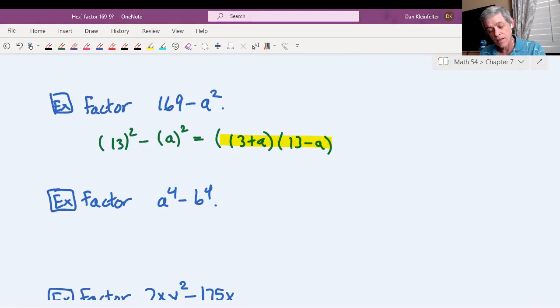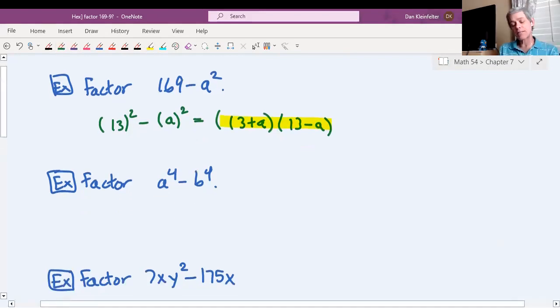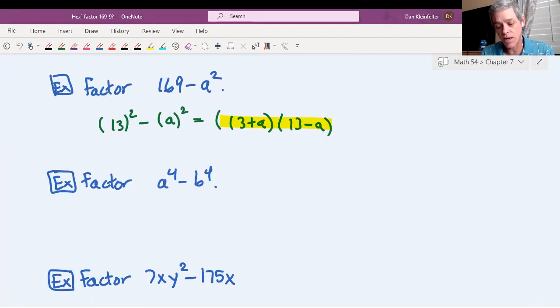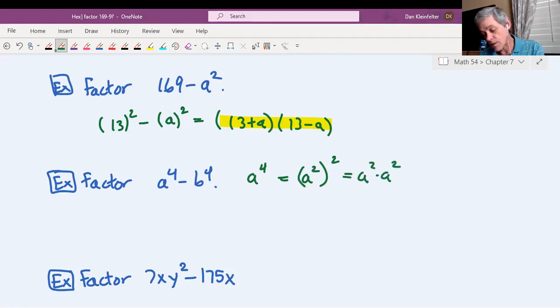Okay. All right, a to the fourth power minus b to the fourth power. This one doesn't exactly look like squares. It looks more like fourth powers, but a fourth power is actually something squared again. Here's what I mean. A to the fourth power is the same as a squared squared, that's a squared times a squared.